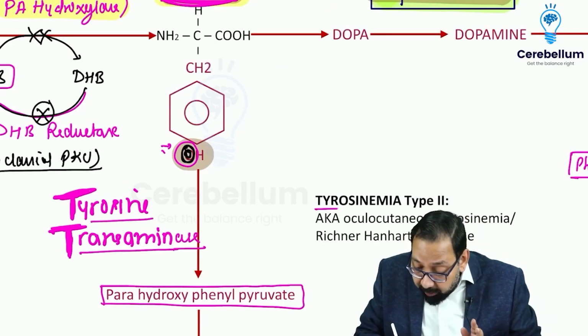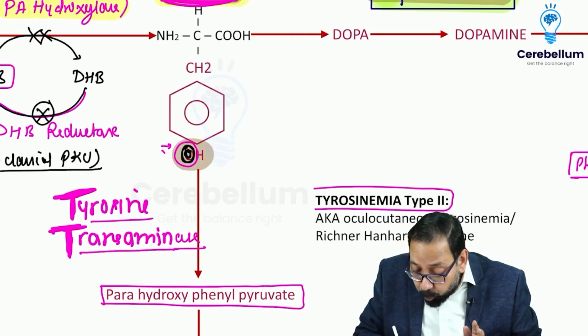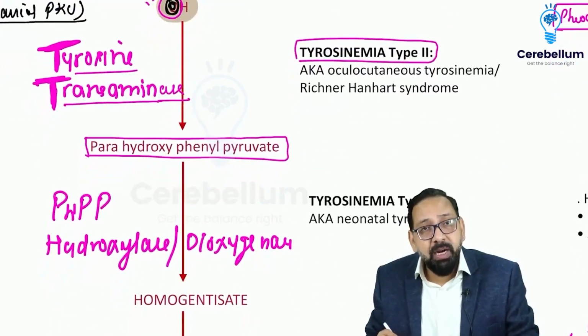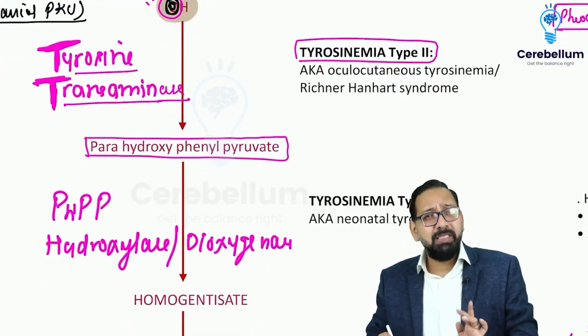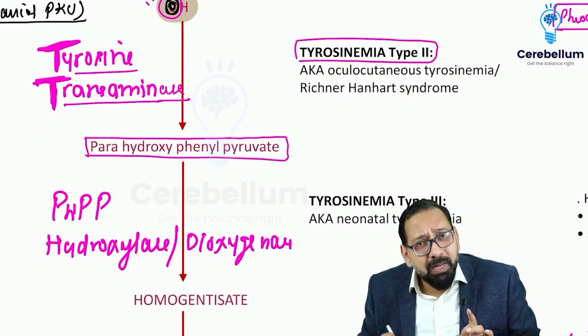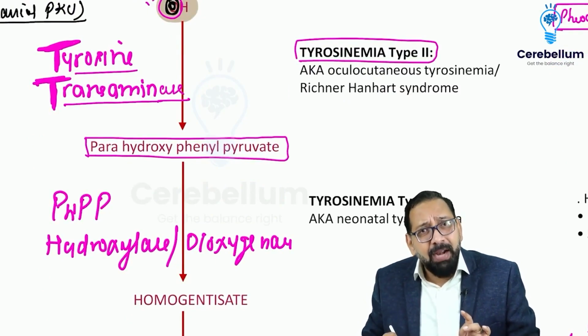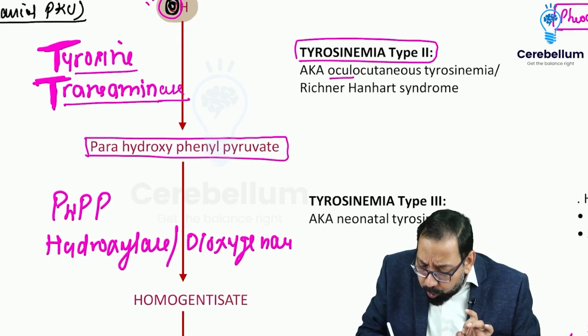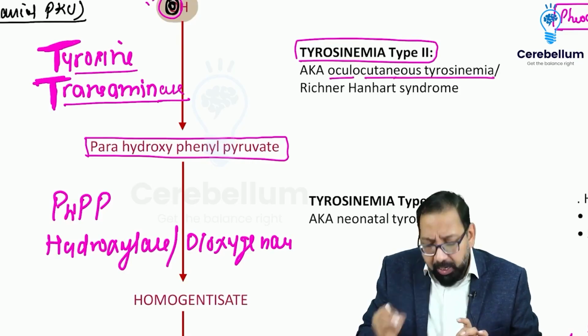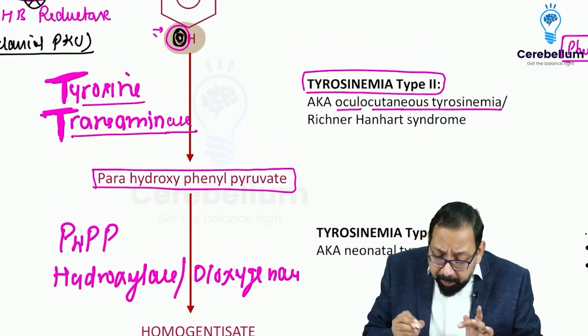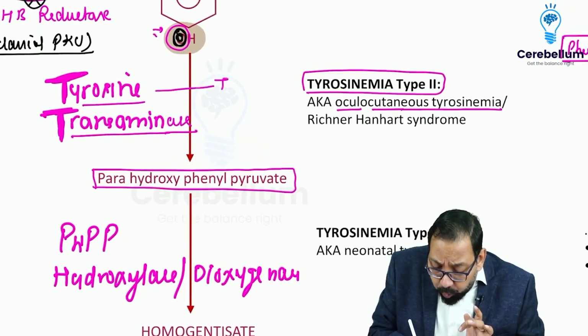So tyrosinemia type 2. Question is asked that in tyrosinemia type 2, which enzyme is deficient? Answer would be tyrosine transaminase. And this is also called oculocutaneous tyrosinemia. You can easily remember by the mnemonic torch, touch.